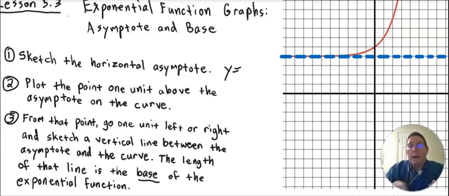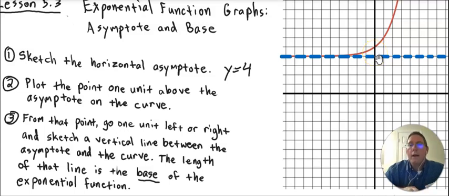This is a horizontal line, and it's at y equals 4. So the equation of the horizontal asymptote is y equals 4. How did I get it? It's always y equals. How did I get 4? I went to the origin and I counted up: 1, 2, 3, 4. Once I get to the asymptote, that's my number, 4.